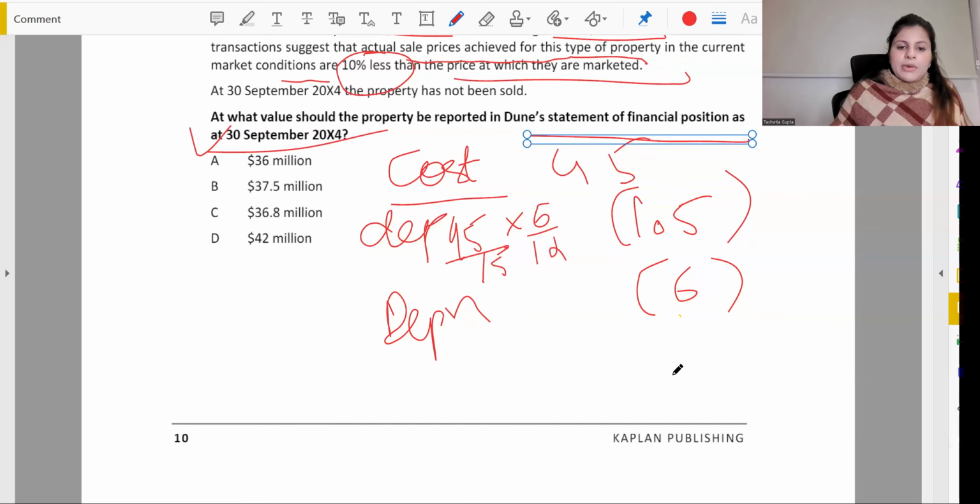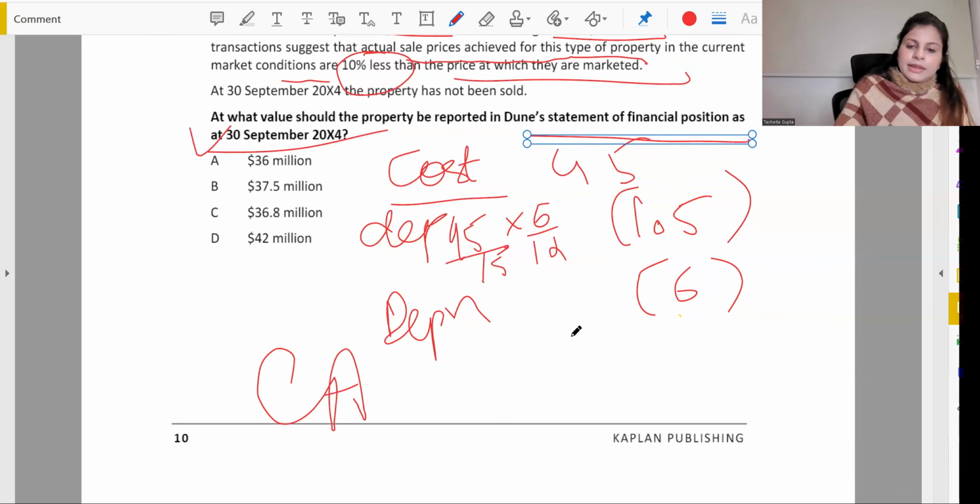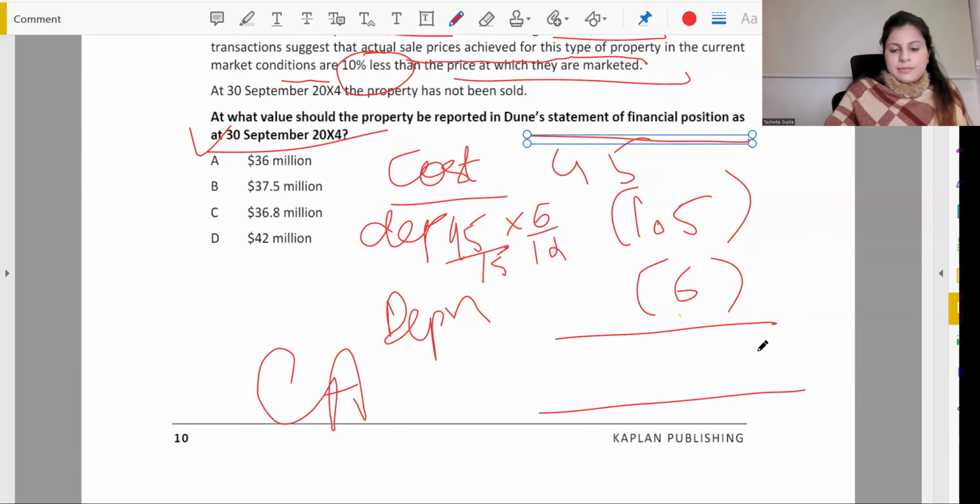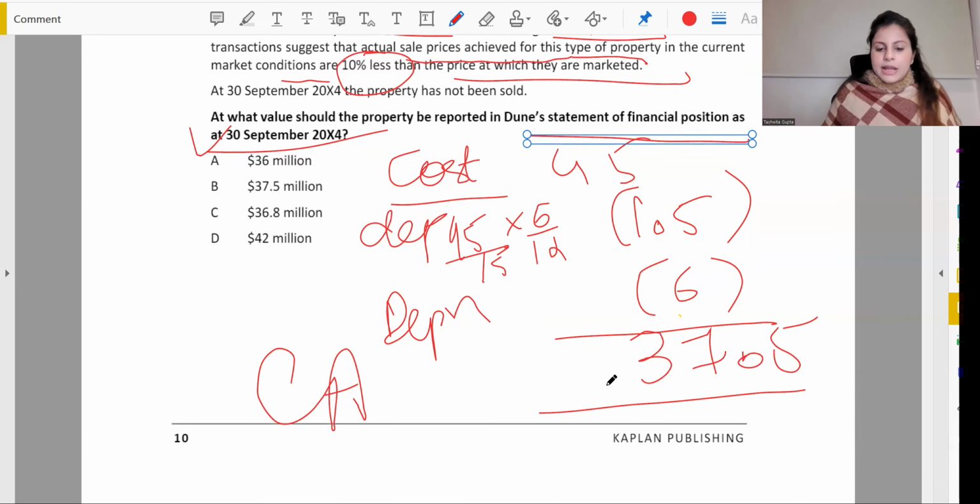So what's your carrying amount on 1st April? 37.5. Now you need to determine your fair value less cost to sell.